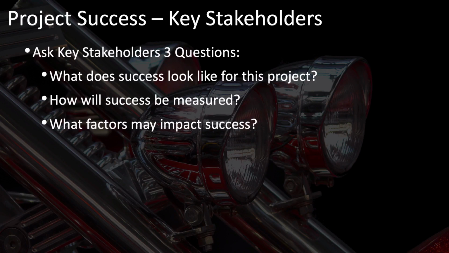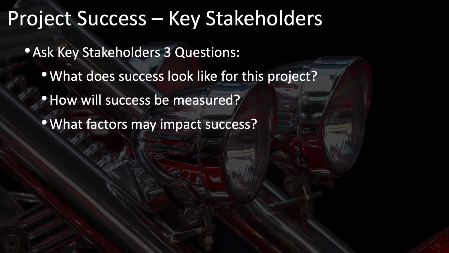The stakeholders may not have fully considered how success will be measured. They may have a rough idea of what success looks like, and you may find that different key stakeholders have different ideas about what success looks like. But very often, they won't have really thought about how they're going to measure the success.